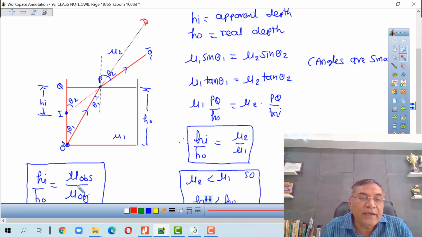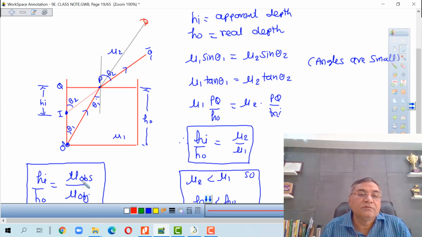Now mu of observer is water and mu of object is air. So in this case HI is greater than HO. Understood? When a person is looking at the fish, it appears nearer, and when the fish looks at the person, it looks farther away from the real one.